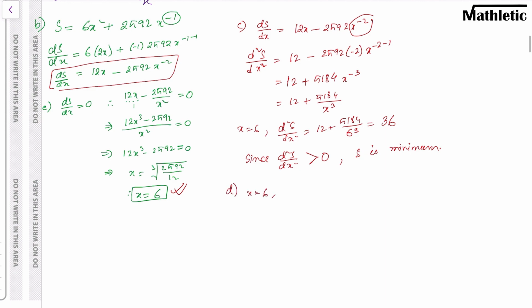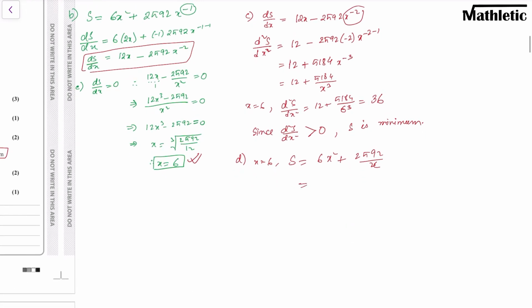So x equals 6, S is 6x² plus 2592 by x. That's the expression of S. I will just replace x with 6.